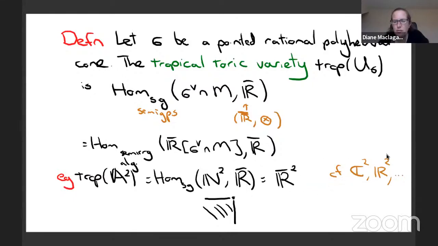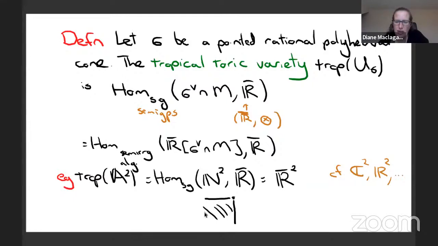And this is what you should compare to: you think about the affine plane over the complex numbers as C squared, over the real numbers as R squared. Here, over the tropical semi-ring, it's R bar squared. I'll draw a picture of this; this is my cartoon picture of the tropical affine plane.